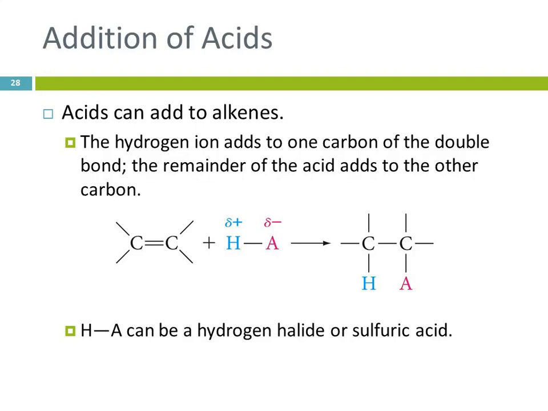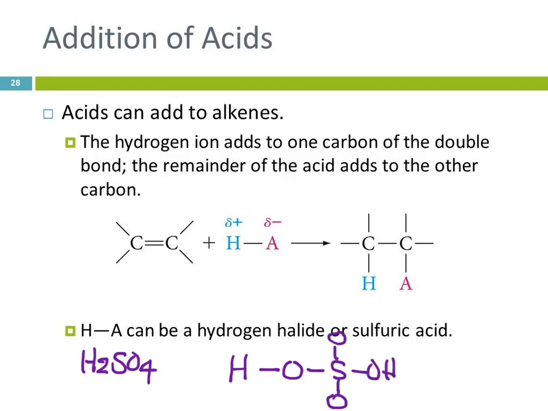It also works with sulfuric acid. Sulfuric acid is H2SO4. And for the purposes of organic chemistry, we think of it like that, where this is the hydrogen that's going to add to one side, and this big old thing is going to add to the other side.